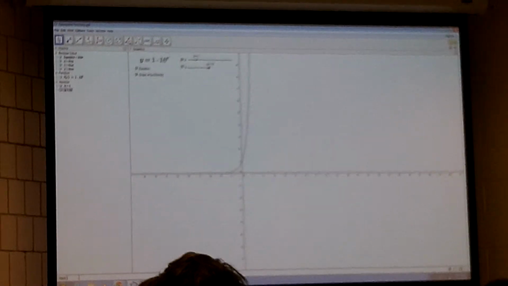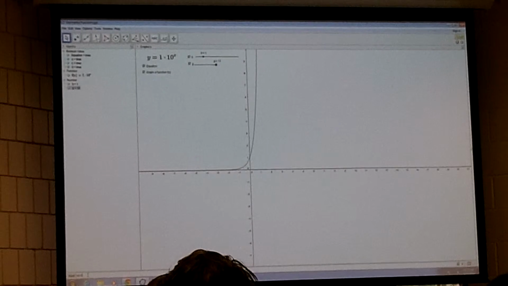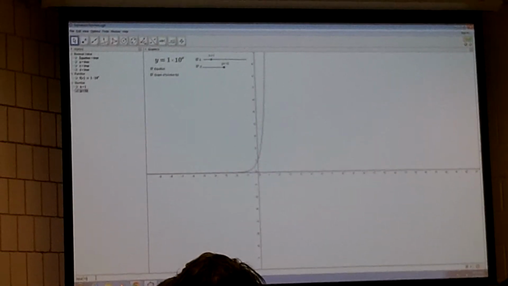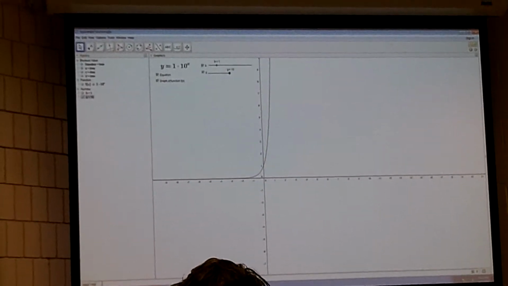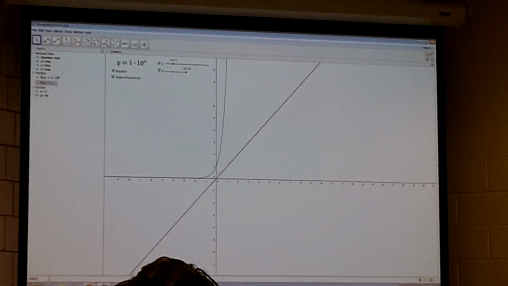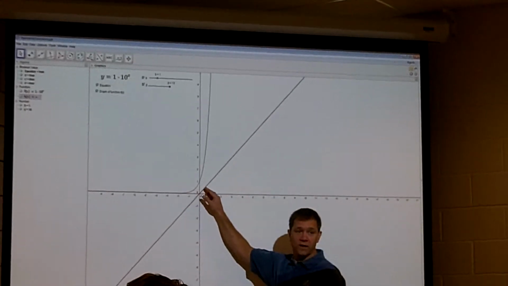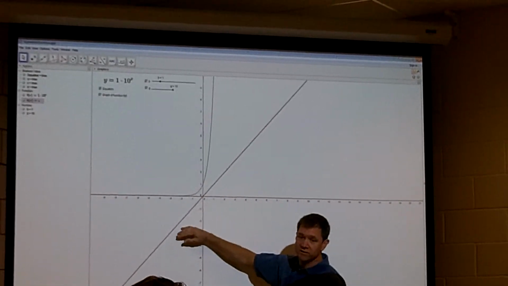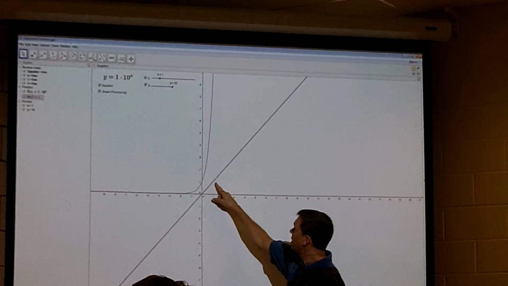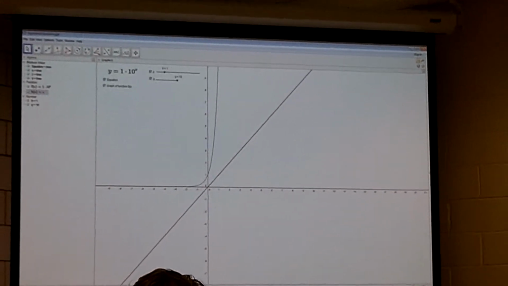Let's make h. I don't think that one's been used. h of x equals x. All right, so that's the graph of y equals x. The slope is 1, and the intercept is 0. This would be like 1, 1, 2, 2, 3, 3, and so on.